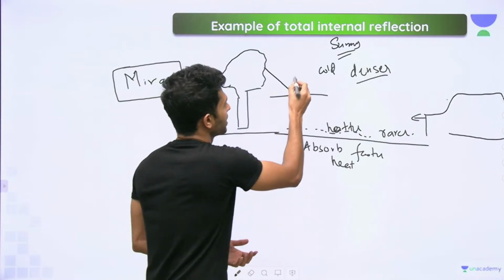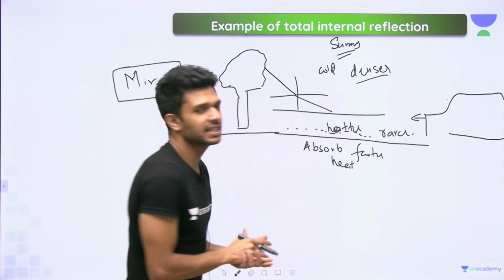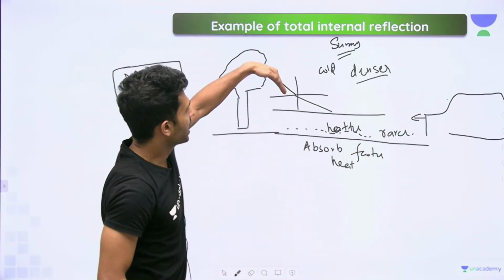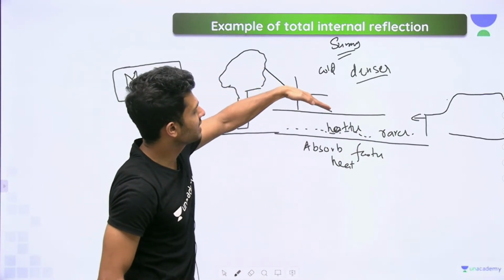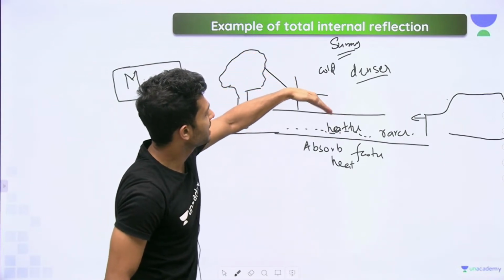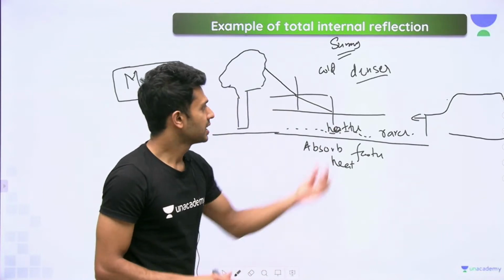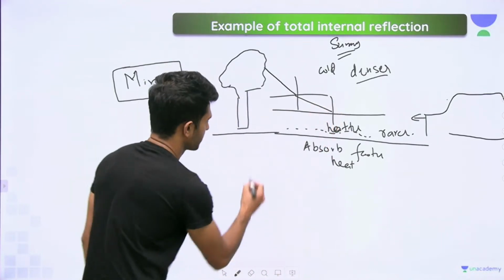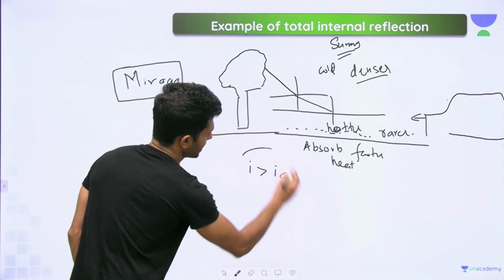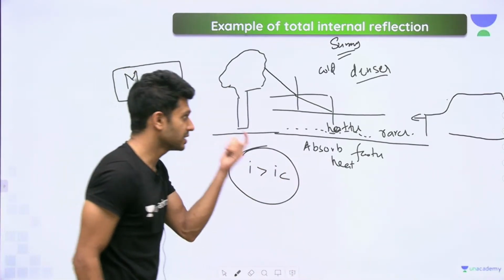What will happen? It will bend away from the normal, and there will be so many such layers. As it keeps increasing the angle of incidence, deviating away and away, at a particular point the angle of incidence will become larger than the critical angle.